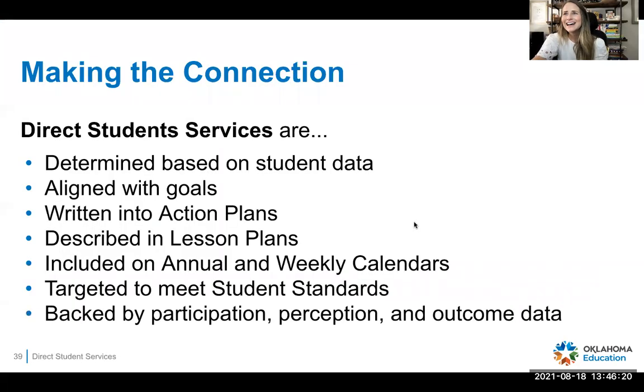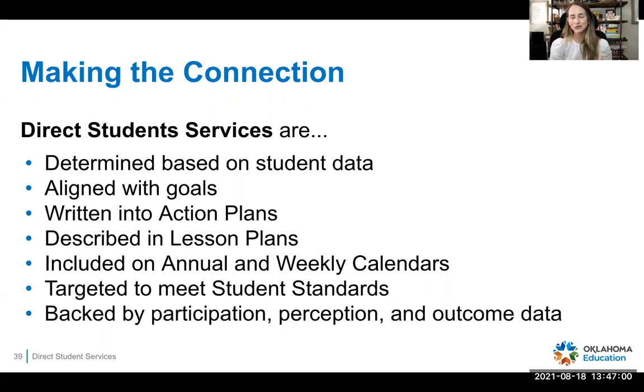All right, so quickly, let's make the connection, because if you've been learning all about the ASCA National Model and comprehensive school counseling, you're probably starting to see how these things connect. Because our direct student services are determined based on data, they're aligned with our student outcome goals, they're written into our action plans, they're described in our lesson plans, they're included on our annual and weekly calendars, they're targeted to meet those student standards, and then they're backed by participation, perception, and outcome data showing these things matter.